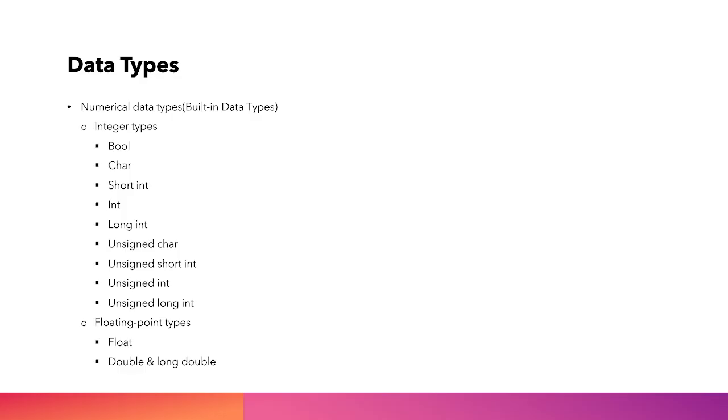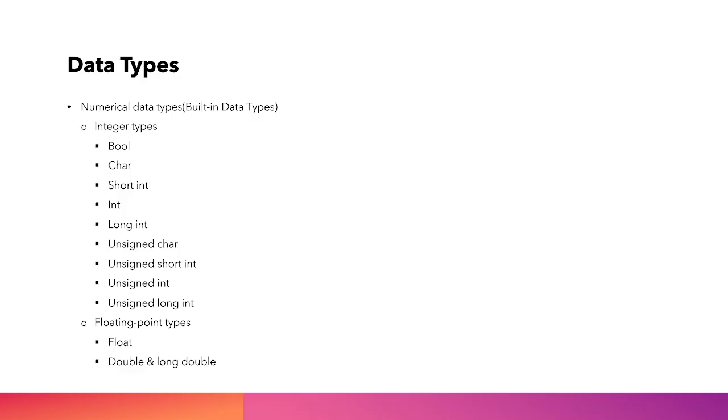For now, don't get confused because I'm dealing with beginners. What you can just have in mind for these integer data types is that we will be focusing on bool, char, and int, the integer.